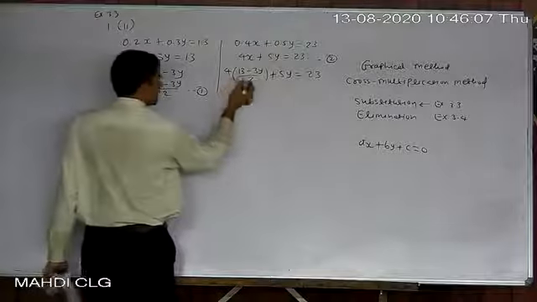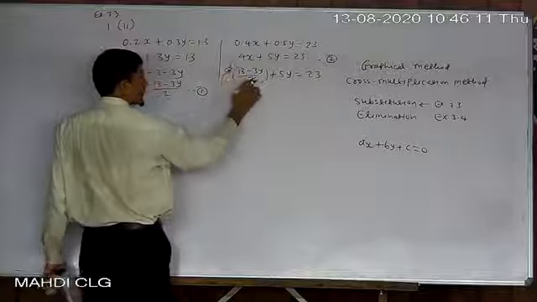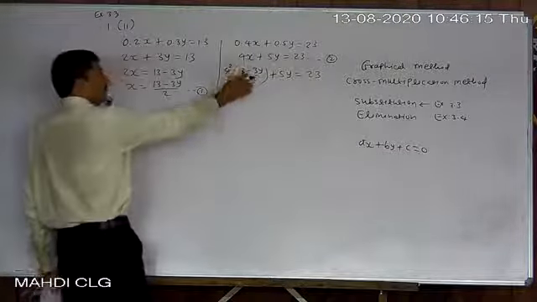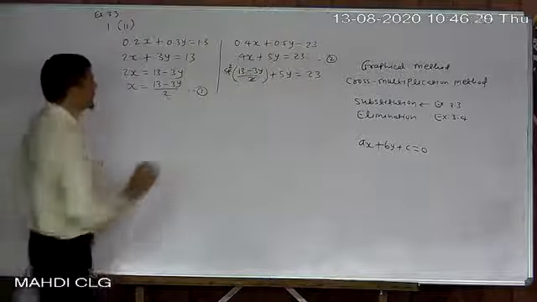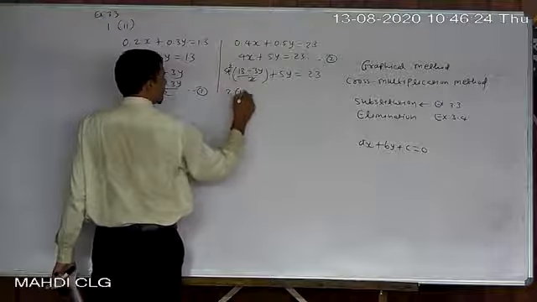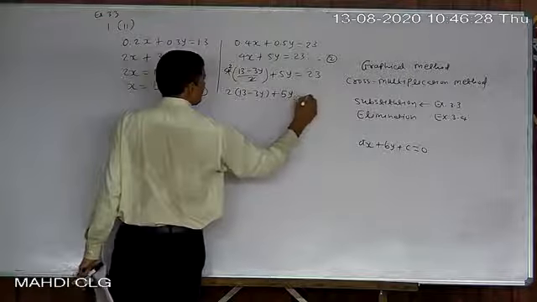Now here it is divisible, so 2 2s are 4. Okay, don't cancel here or here. It is not possible, but even if possible, then inside of bracket never cancellation possible. So I just cancel here, so it becomes 2 (13 minus 3y) plus 5y equal to 23.